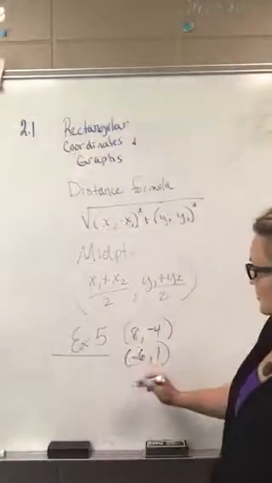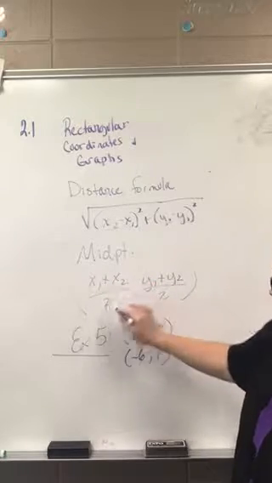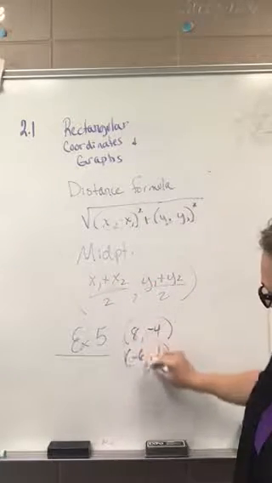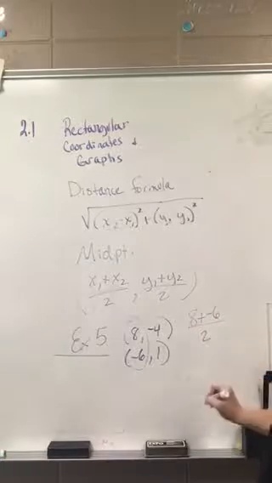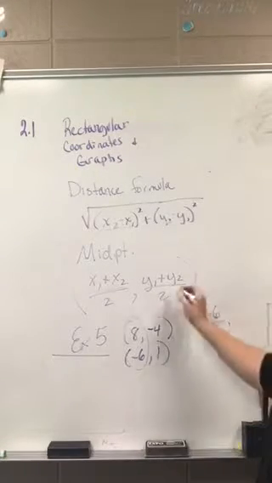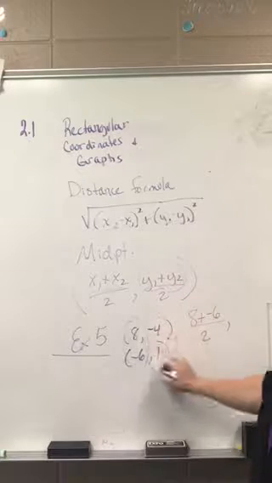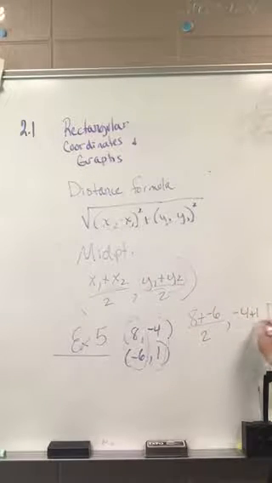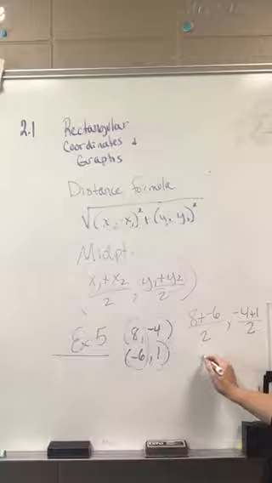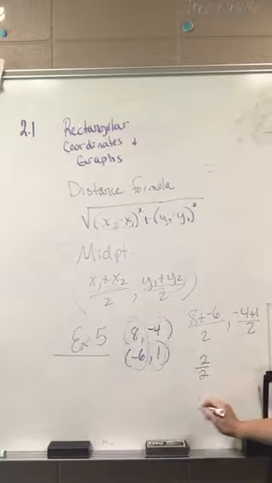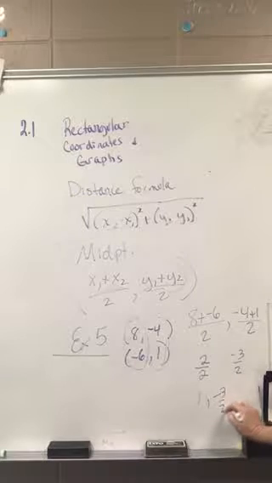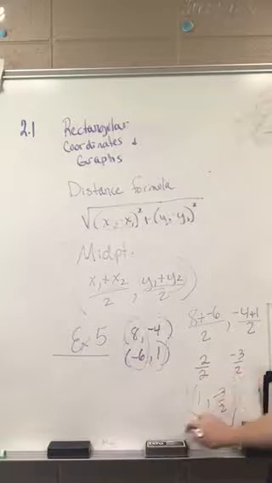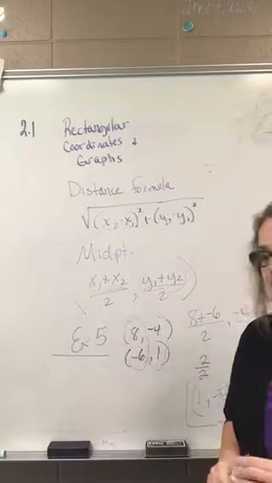So to find the midpoint, the formula says add your x's and half it, or average them. So this is an addition formula, 8 plus -6 divided by 2, comma, and then add the y's and half it. So that's -4 plus 1 over 2. So that gives us 2 over 2, it reduces to 1, and -3 over 2. I'll just leave it like that. So that should be the middle point of those two segments.